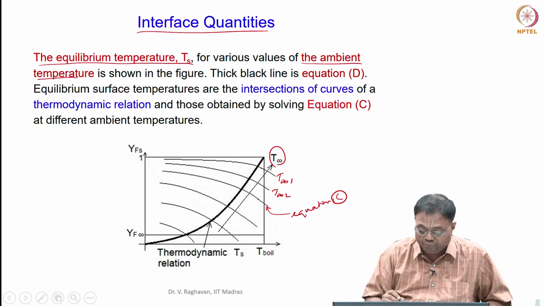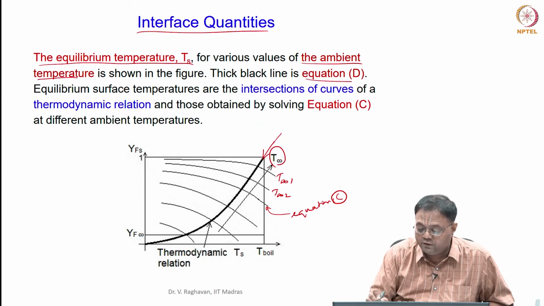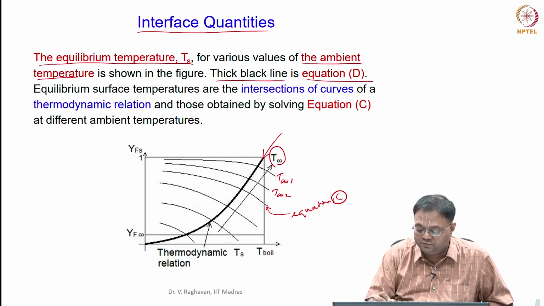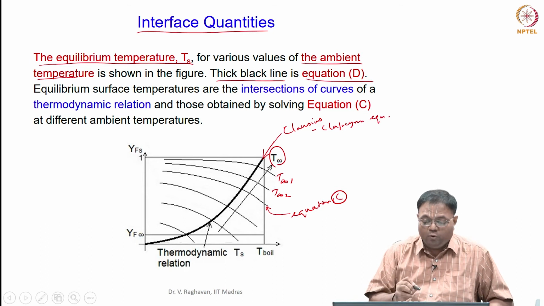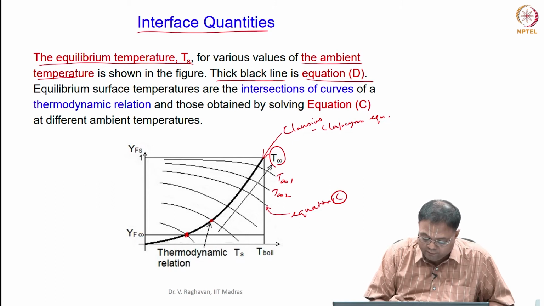Okay. Now this dark line, the thick black line, represents equation D. This is the Clapeyron equation. Okay, now what are the equilibrium temperatures? These intersections are the equilibrium temperatures.